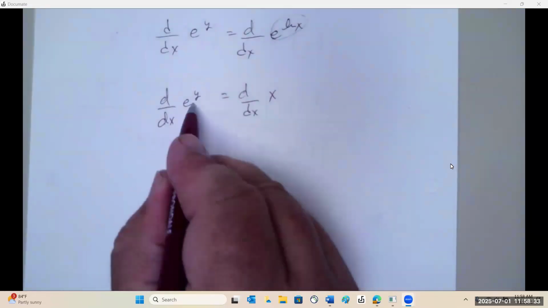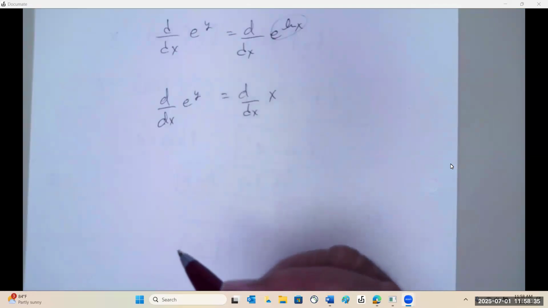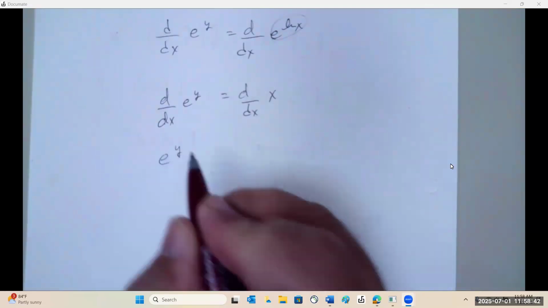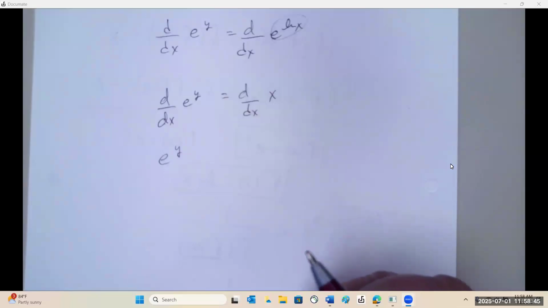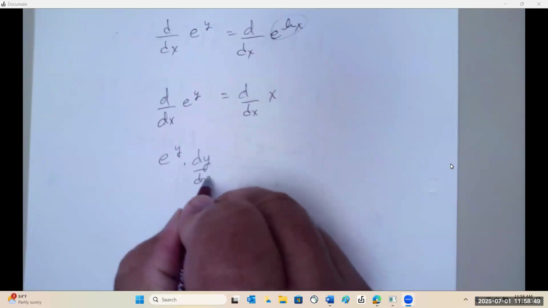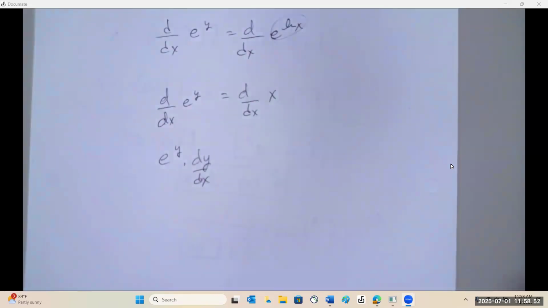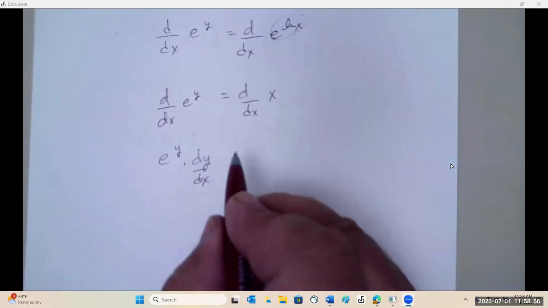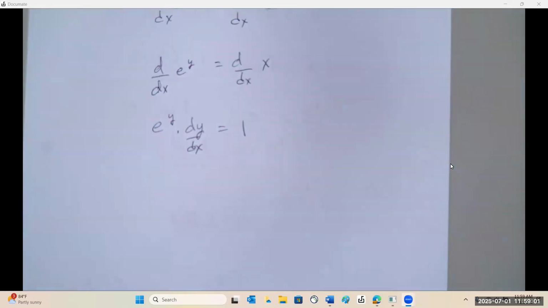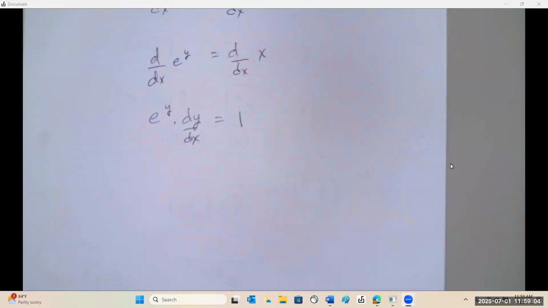So the derivative of e to the power y is e to the y. What else? dy dx, because whenever you take a derivative of y, you have to put dy dx after it. What's the derivative of x? 1. Does that dy over dx go in the exponent?